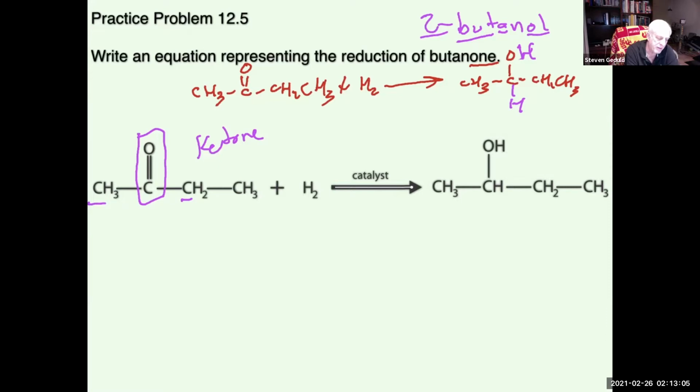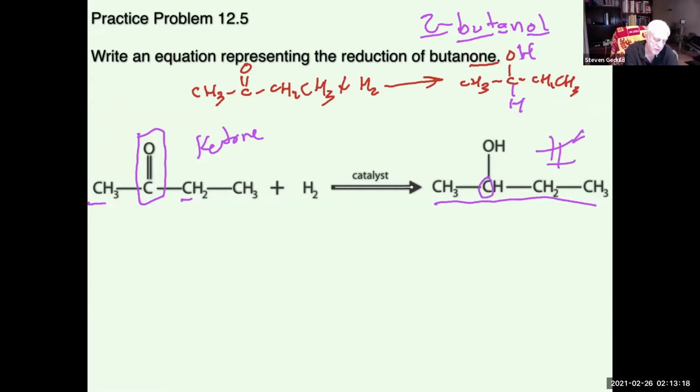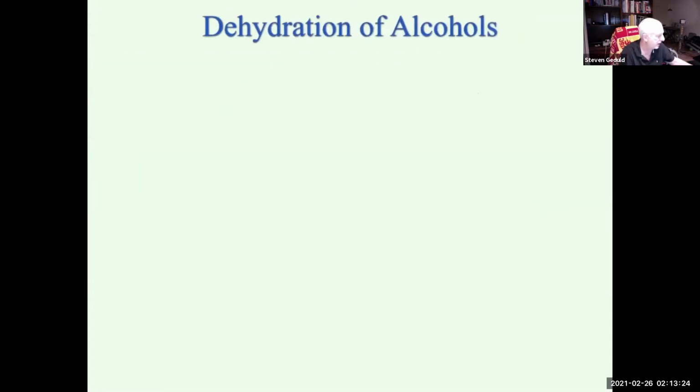Is this a primary, secondary, or tertiary alcohol that is produced? Secondary. Here's your carbon with the OH group, and there are 2 carbons attached to it. Perfect. Any questions on reduction of an aldehyde or ketone to produce an alcohol?